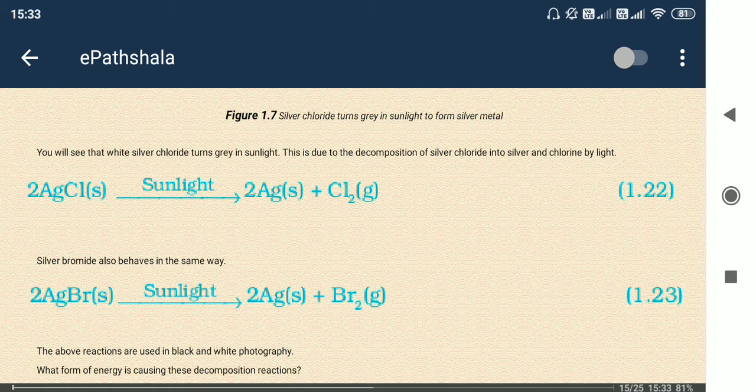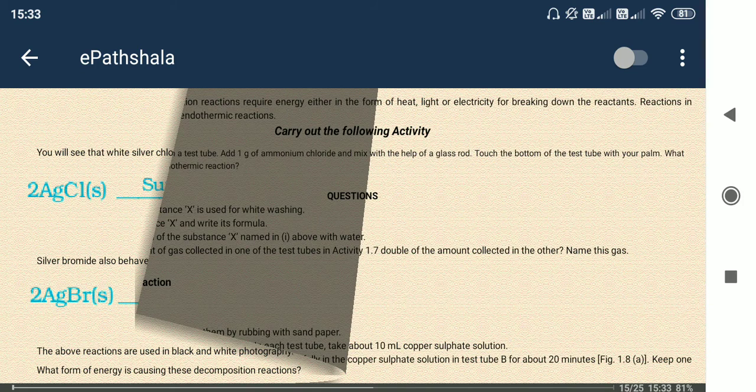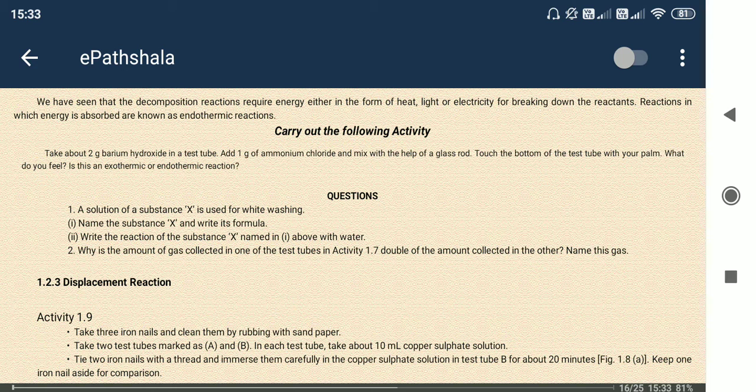Another, AgBr, sunlight is given, and Ag, silver in solid form, plus bromine in gaseous form is made. Sunlight can also be given because sunlight is also a source of heat. It has photon particles that have some energy.